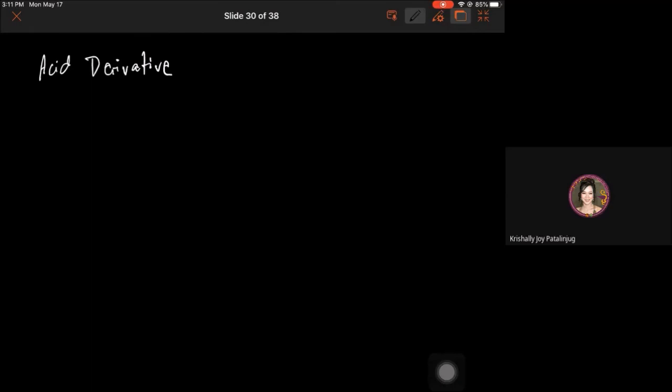So the same with carboxylic acid, acid derivatives also contain electronegative atoms or substituents that also act as leaving groups during nucleophilic acyl substitution reaction.